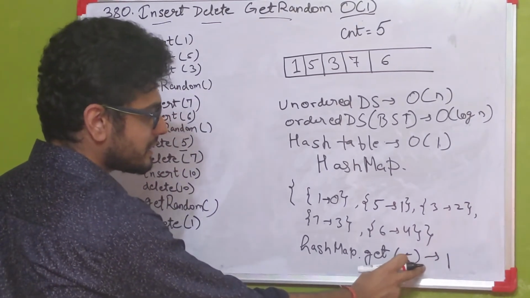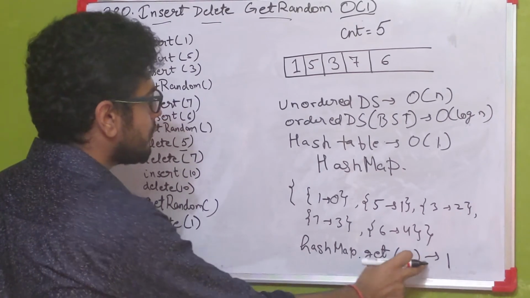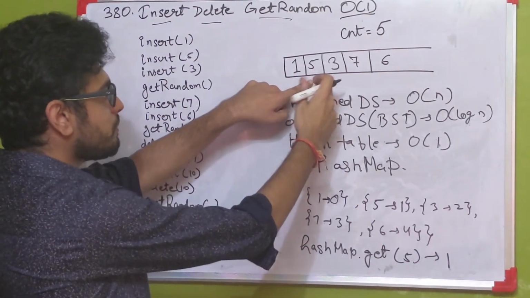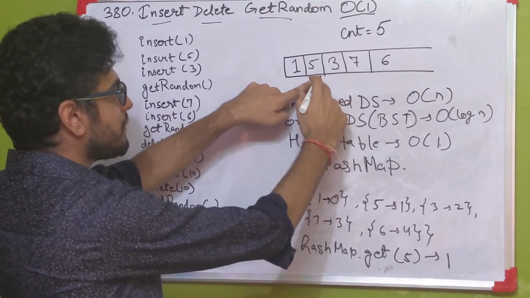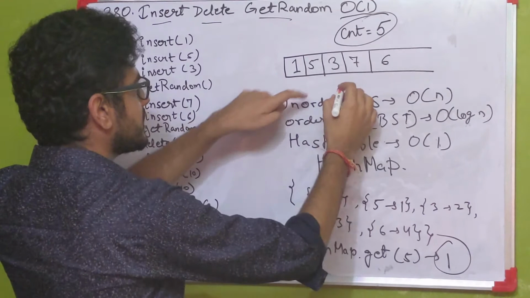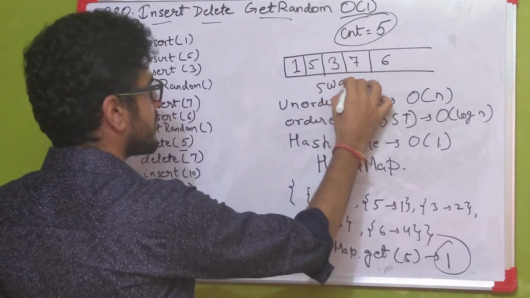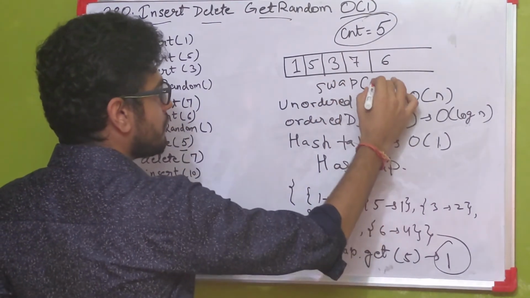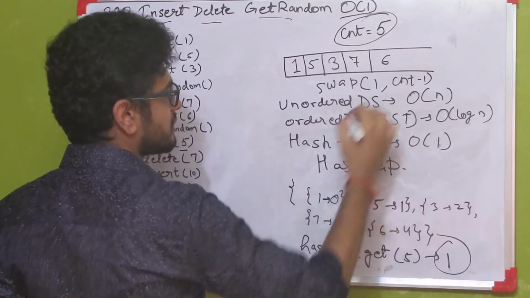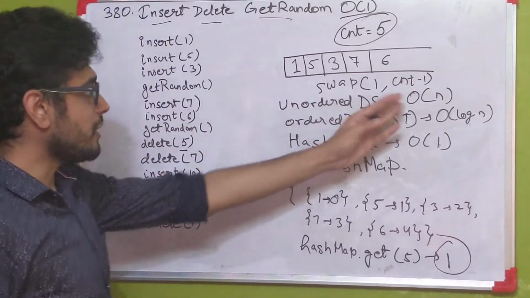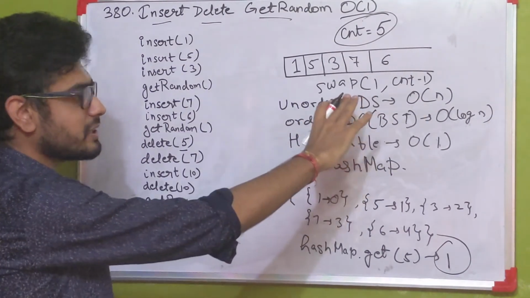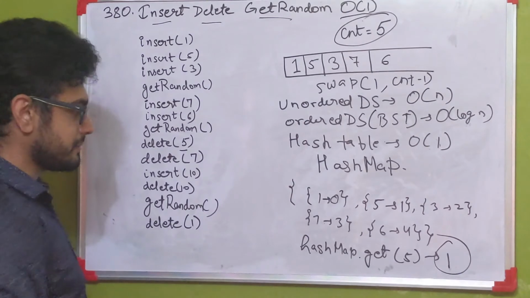Once we get this index of 5, we go back to our array and perform a swap operation between this index and the counter index, basically counter minus 1. We perform a swap like this, and we can solve all these operations within O(1) time complexity.